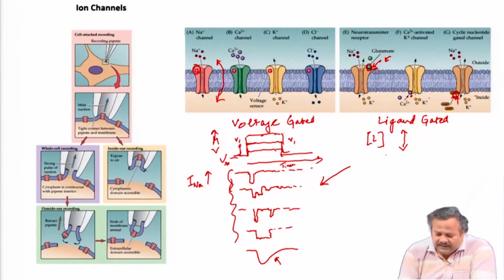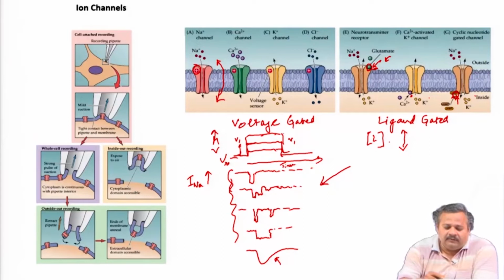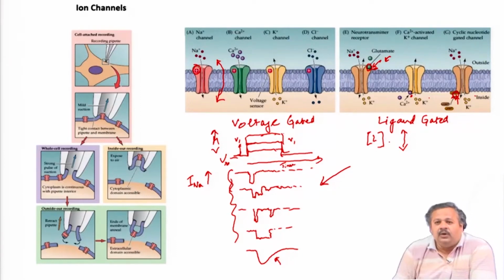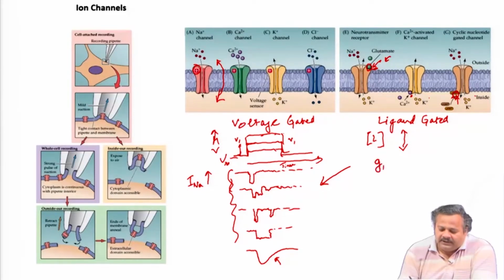So, essentially for an electrical circuit, when we talk about these ion channels, we will be replacing them by conductances. What we mean by that is, if we have sodium conductance, then we have this G_Na, which will be a function of V, and this function of voltage is the most important thing.